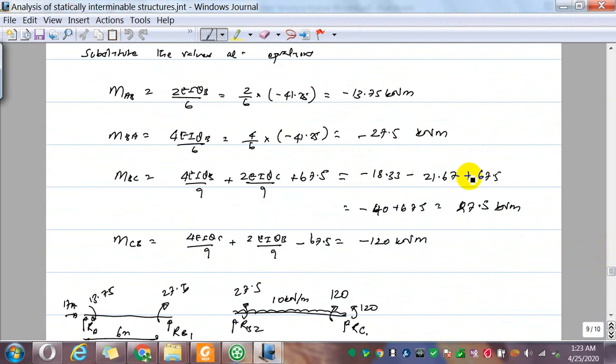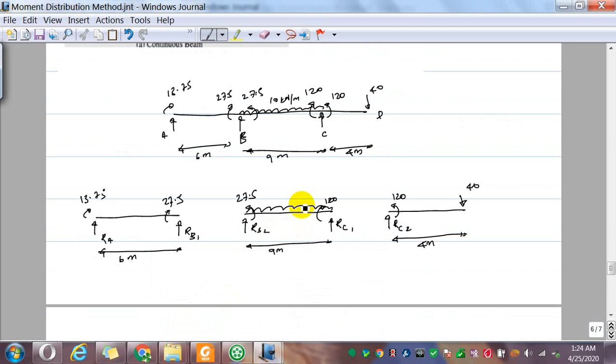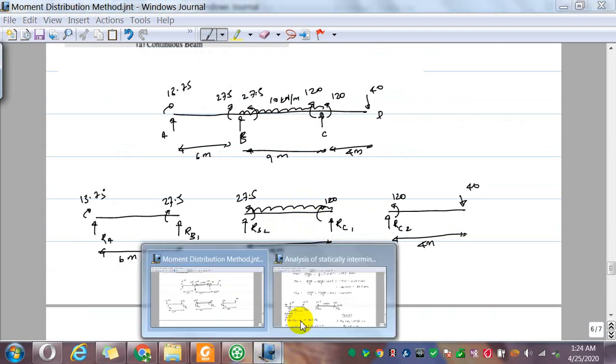But whatever the sign convention, what is important is what you understand. Here you see you get everything the same. Here 13.75 clockwise, so the final result is going to be the same, but your assumption is that the sign convention is consistent, but it is different from the one we are now using for moment distribution. But what we are using for moment distribution is the correct one.